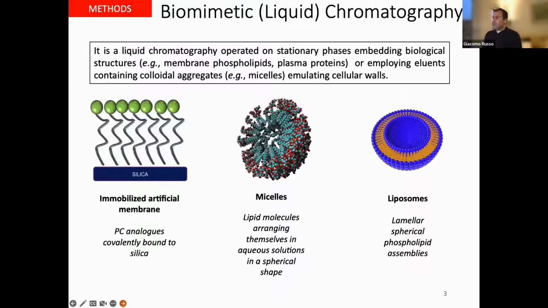So the topic is essentially biomimetic liquid chromatography. What is regarded as biomimetic chromatography?